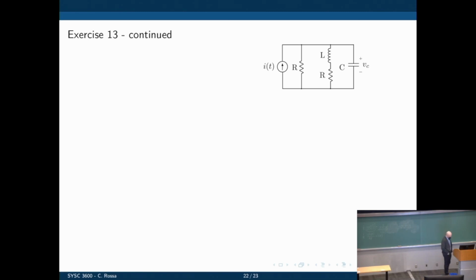We have 2. We have the voltage across the capacitor VC, and we have the current through the inductor, called IL. So we'll need 2 state variables. Let's call them X1 and X2. And let's define X1 as IL and X2 as VC.